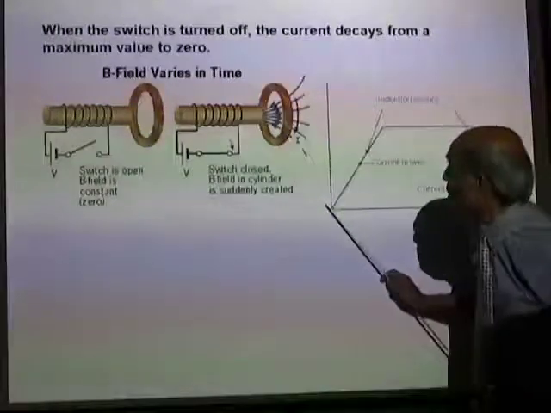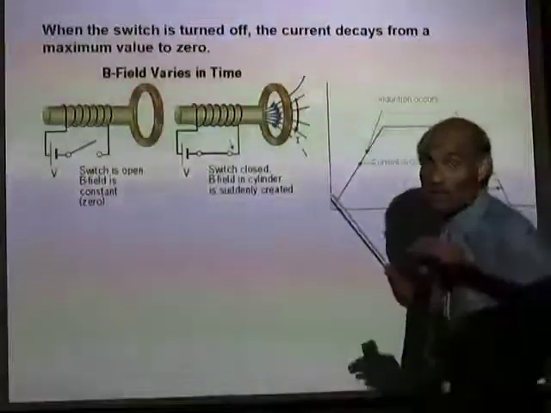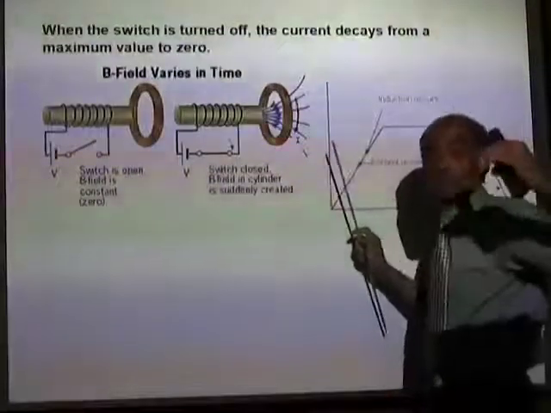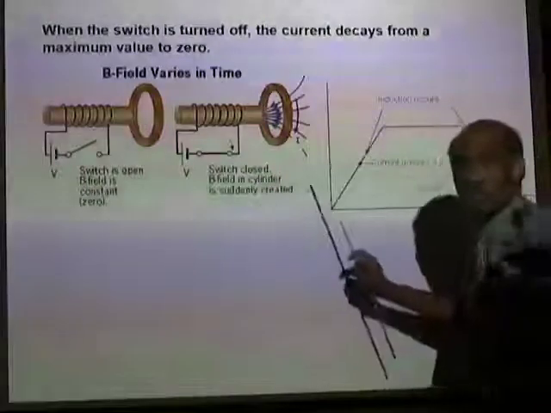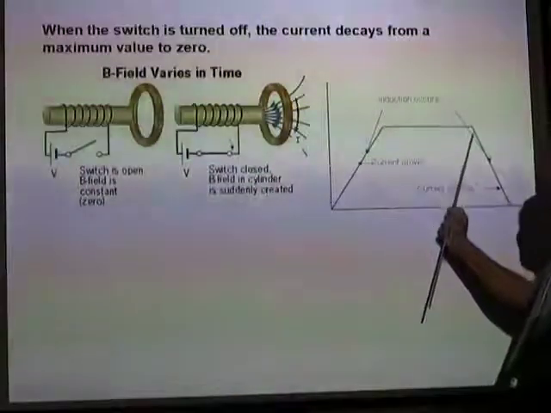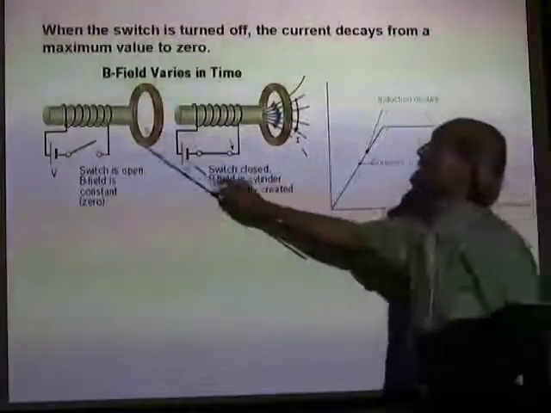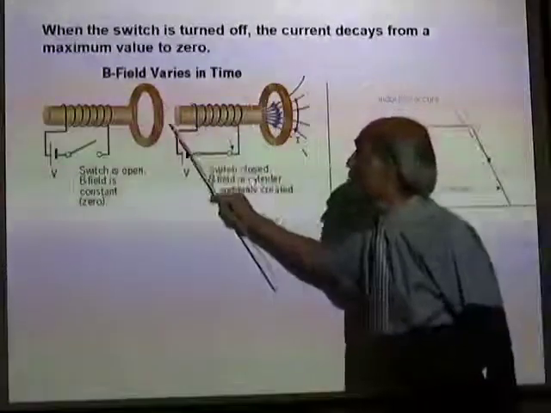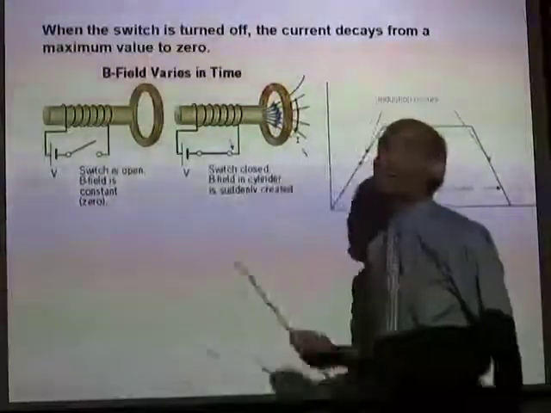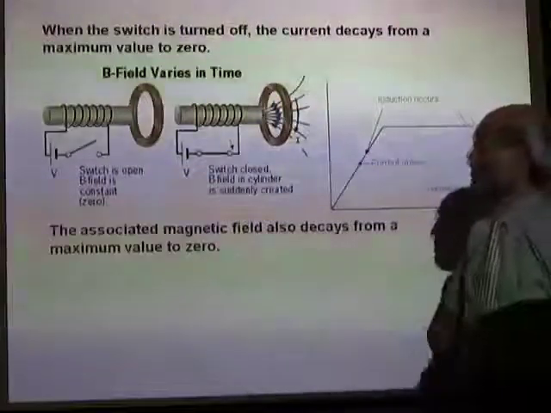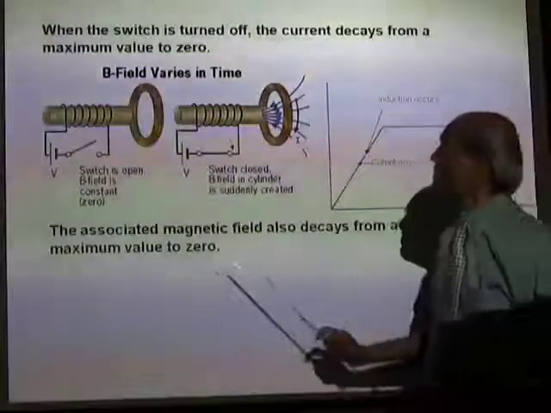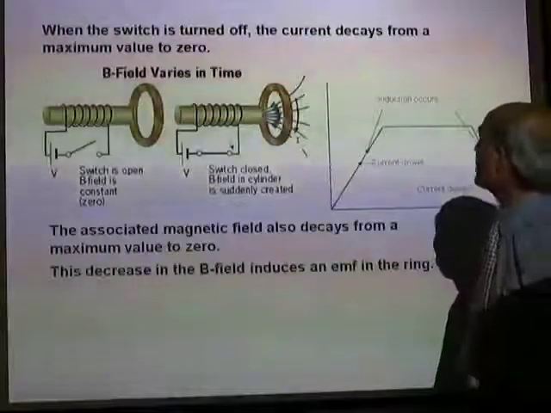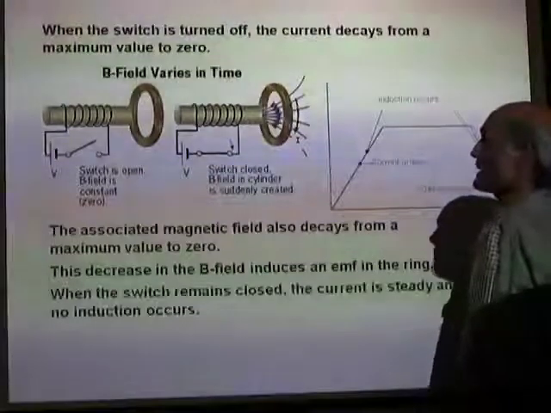The induced EMF occurs only during that very small instant when the switch is on, the current grows to a maximum, or when the switch is turned off, the current decays from a maximum to 0, the magnetic flux also decays from maximum to 0, and that decrease in magnetic flux will induce an EMF. So the associated magnetic flux also decays from maximum to 0, and this decrease in the B field will induce an EMF in the ring.